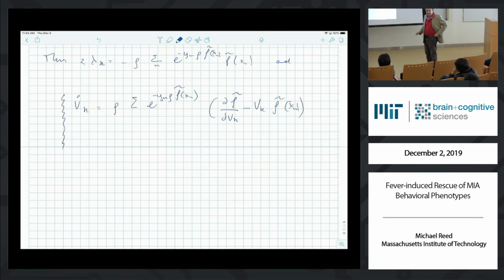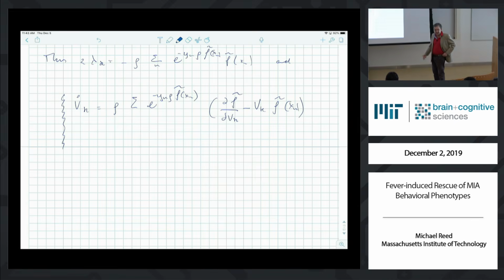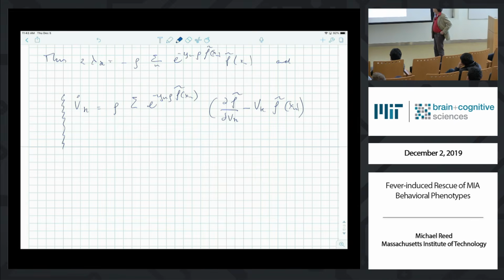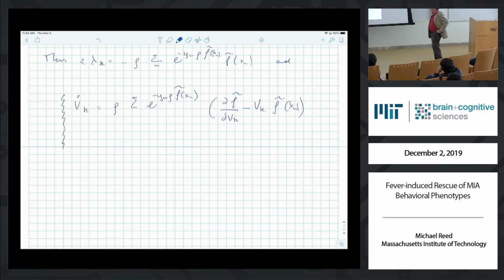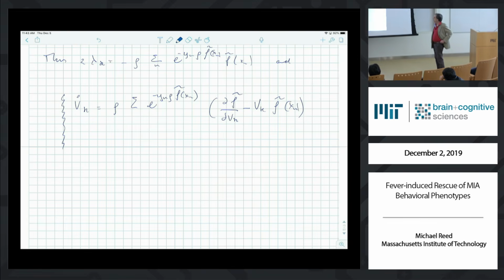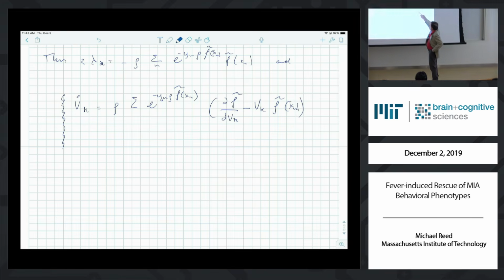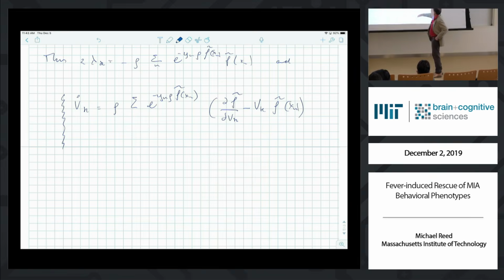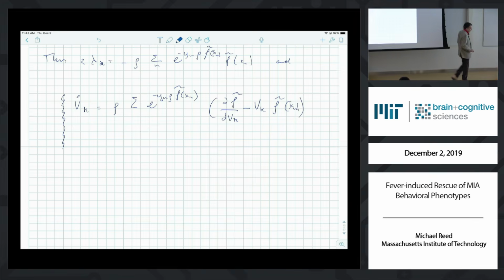If you look at the W, they will grow all the time. They will never stop changing in time. But here, if you look at the V, the dynamics of the normalized weights, if this term in parentheses becomes 0, you have a stationary point. The question is, when can that happen?